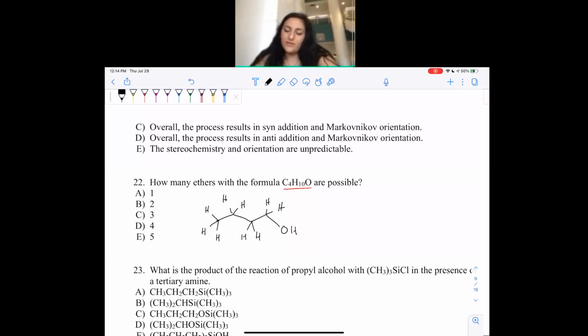Or we could do OH. Or we could even do, oh, just kidding. I drew the exact same thing. That's what I meant to draw. Any other formulas you guys can think of?